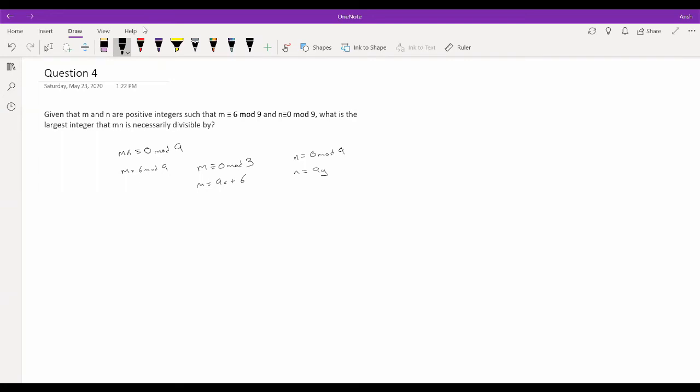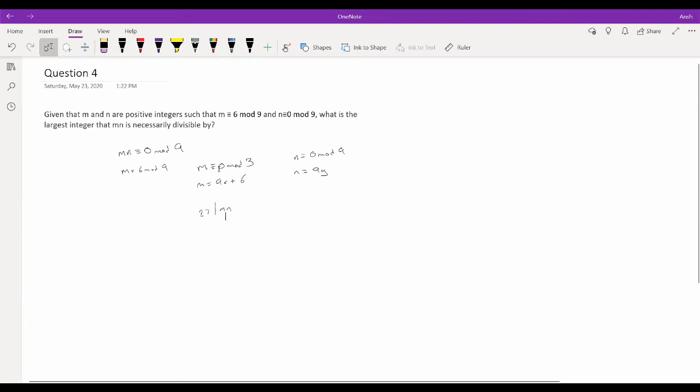So that means that since 3 is the largest number that divides m, and 9 is the largest number that divides n, 27 has to be able to divide n times m, and 27 is the largest number that divides mn. So yes, although mn is 0 mod 9, that doesn't necessarily mean that 9 is our solution.